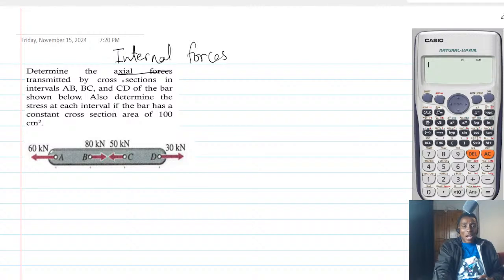So axial forces transmitted by cross section in intervals AB, BC, and CD. So for this question, we need to look at internal forces and then internal reactions.